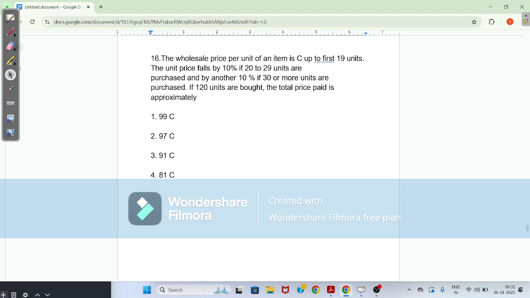Now the whole numbers: the unit price falls by 10% if 20 to 29 units are purchased, and another 10% if 30 or more units are purchased. If 120 units are bought, the total price paid is approximately?